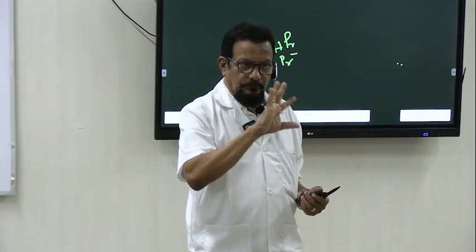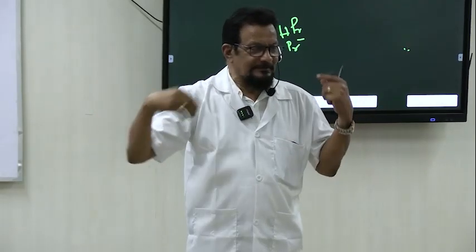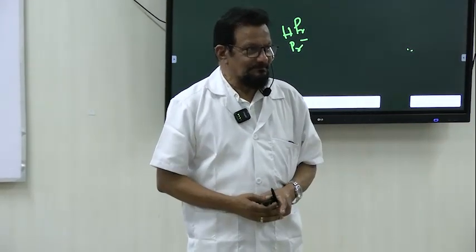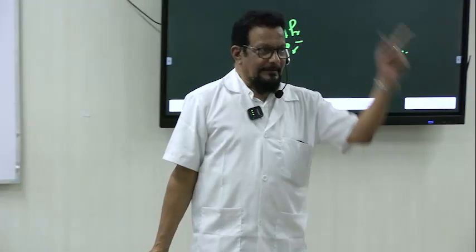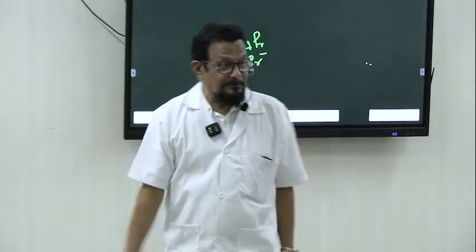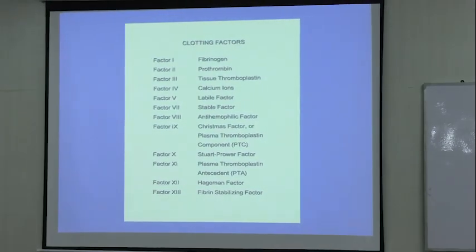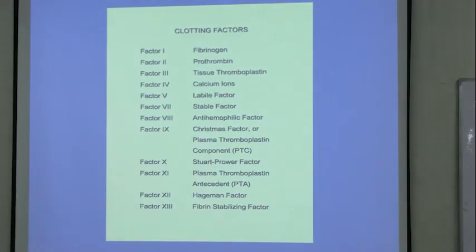The components required in the process of coagulation will not be present in serum. These are the factors. While I will be discussing the mechanism of blood coagulation, you have to remember these factors. Factor 1, 2, factor 13. So how are these involved? Actually, this process of coagulation is like a waterfall.